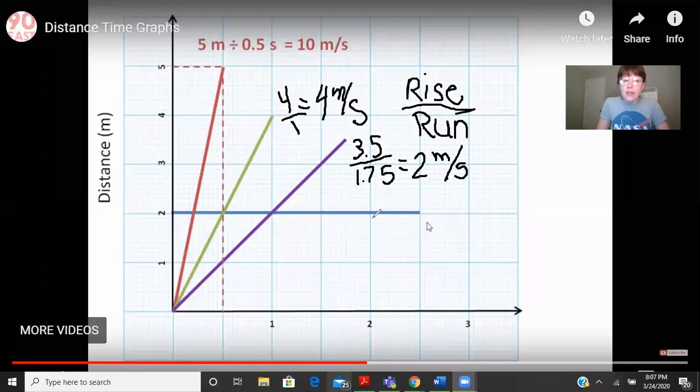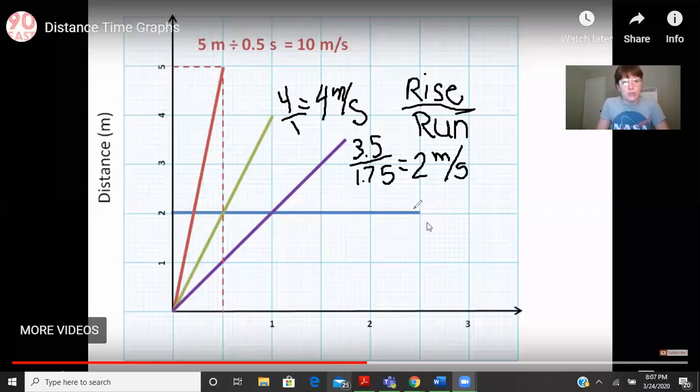My rise is 2, so my distance is 2, but excuse me, let me back up. My rise is not 2 because I'm not increasing at all.